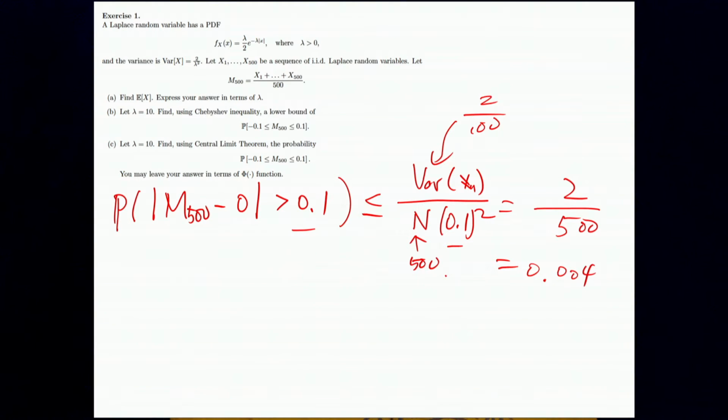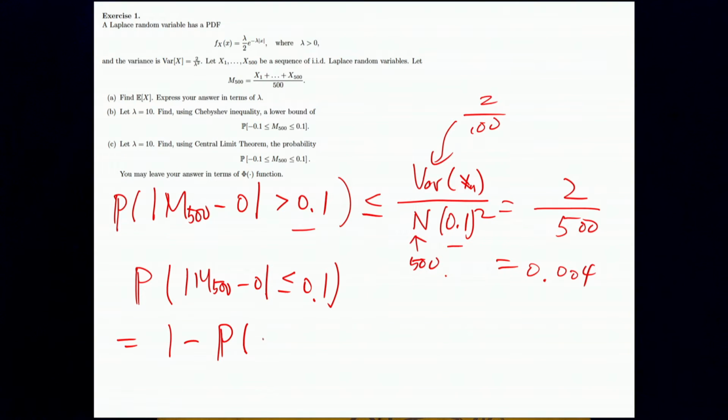Therefore, the probability of |M500 minus 0| less than 0.1 actually equals 1 minus the probability of |M500 minus 0| greater than 0.1.